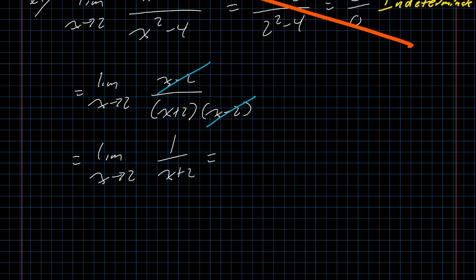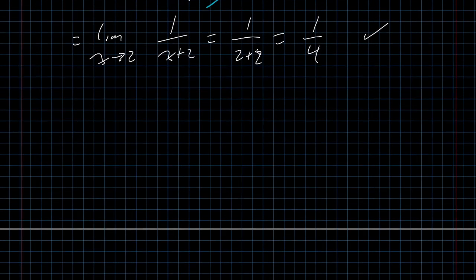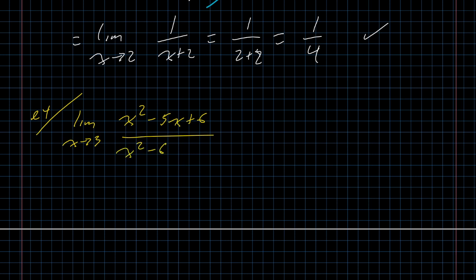And this time, if we try direct evaluation, we get 1 over 2 plus 2, which is 1 over 4, which is perfectly fine. Of course, even that isn't always enough to help us.